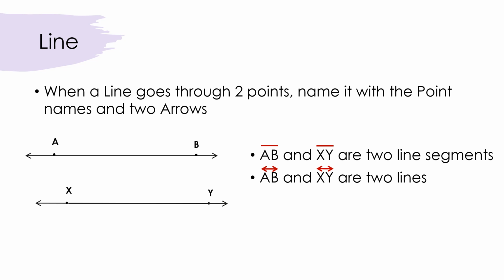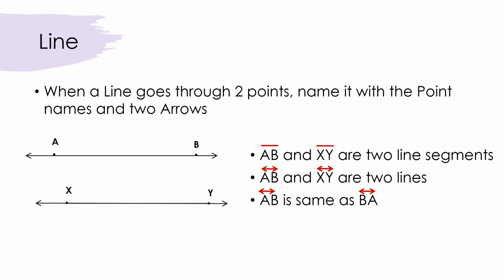So, we say AB and XY are 2 lines. Notice the 2 arrows at the end of the lines. Also notice the arrow on the top of XY and AB. That is how we denote a line and difference between a line segment.